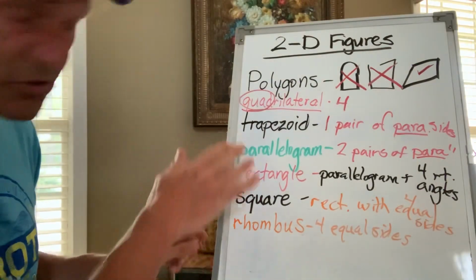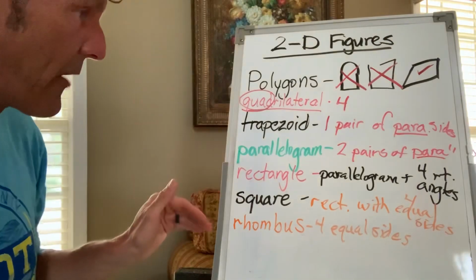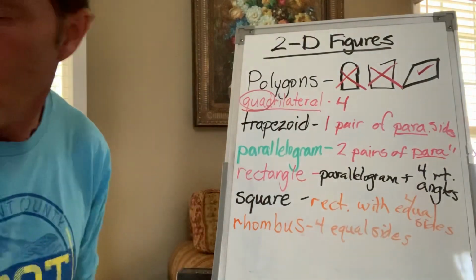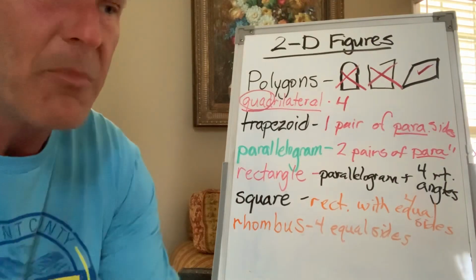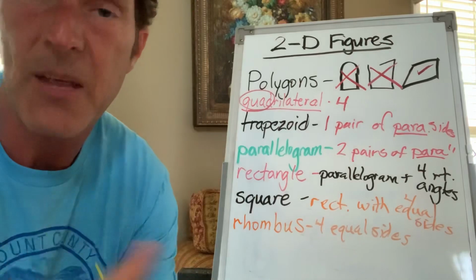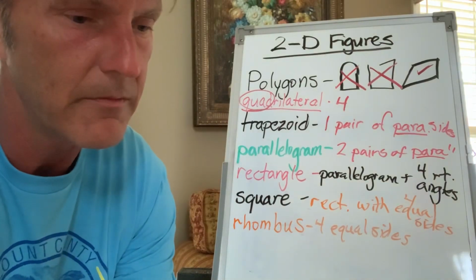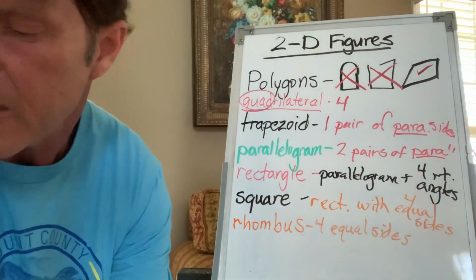So those are your special quadrilaterals. And so you'll have some questions like on your iReady. One of the questions is almost like you have to click on a lot of the shapes that have those characteristics. So be careful, because sometimes you might not see them all. Gotta be real careful about that.